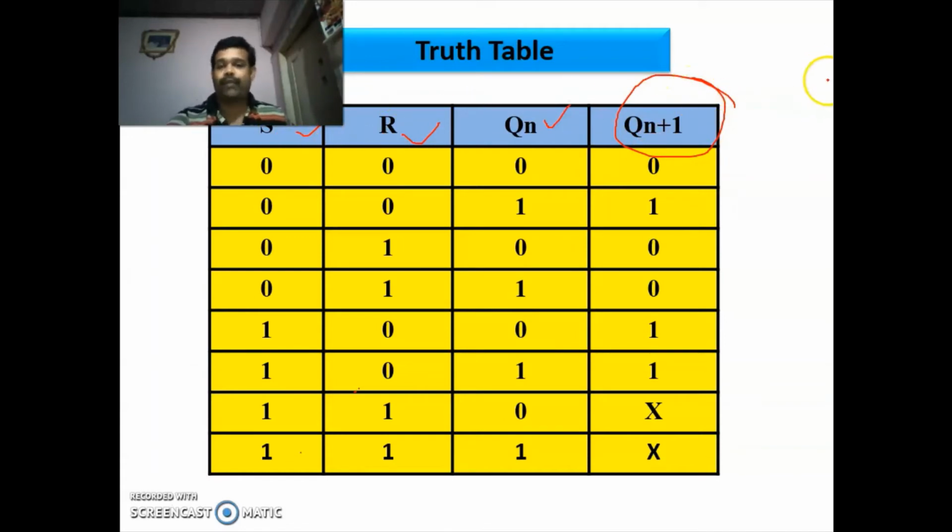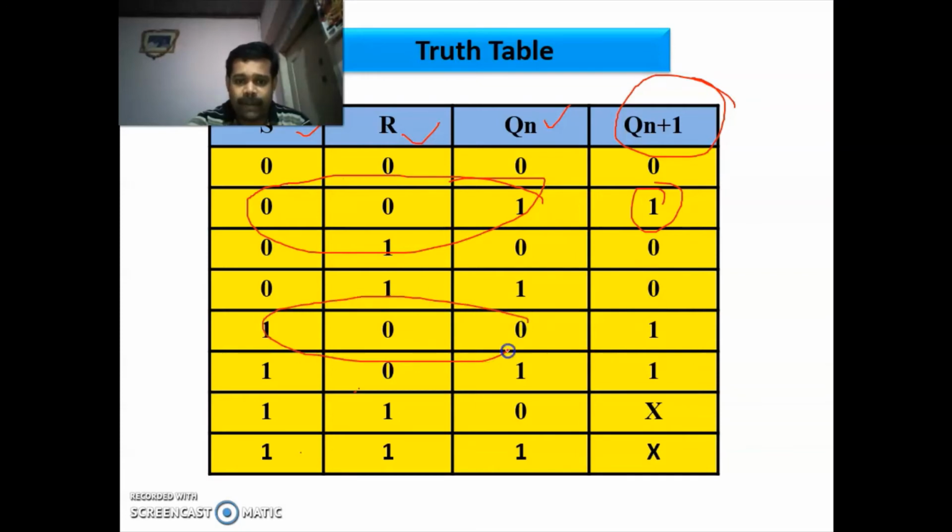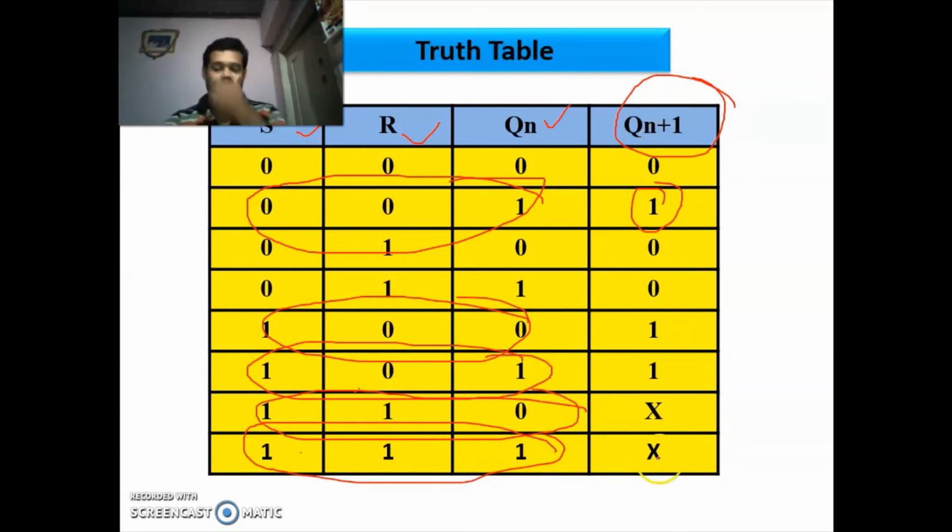And by looking at the column of Q of n plus 1, you are having 1 in 0 0 1, 1 in 1 0 0, 1 in 1 0 1, X in 1 1 0, and X in 1 1 1. So first you have to check the column of Q of n plus 1, and find wherever you are having 1.